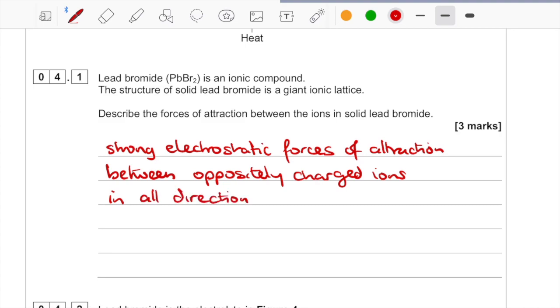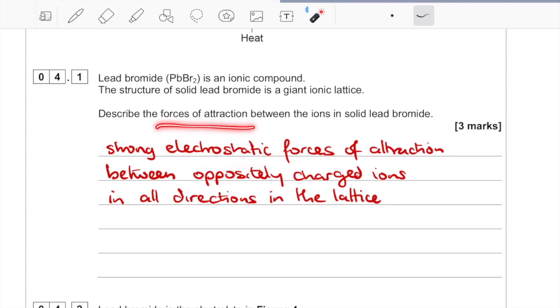Up, down, left, right, etc. In all directions. We'll just put in the lattice to make it clear. But that is 3 marks. Must use the word electrostatic because they've already used forces of attraction. So electrostatic forces of attraction between oppositely charged ions in all directions.